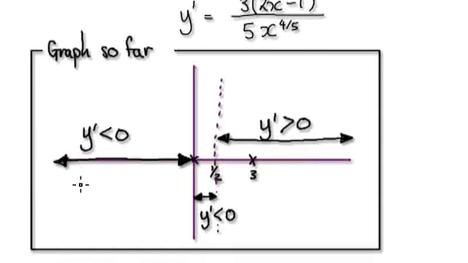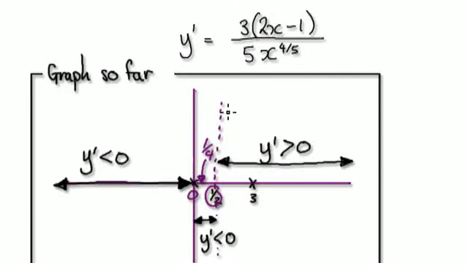Okay, and then in this region here, let's just randomly select a quarter, because a quarter is somewhere in between 0 and a half. Now let's just imagine you put a quarter into this thing here.